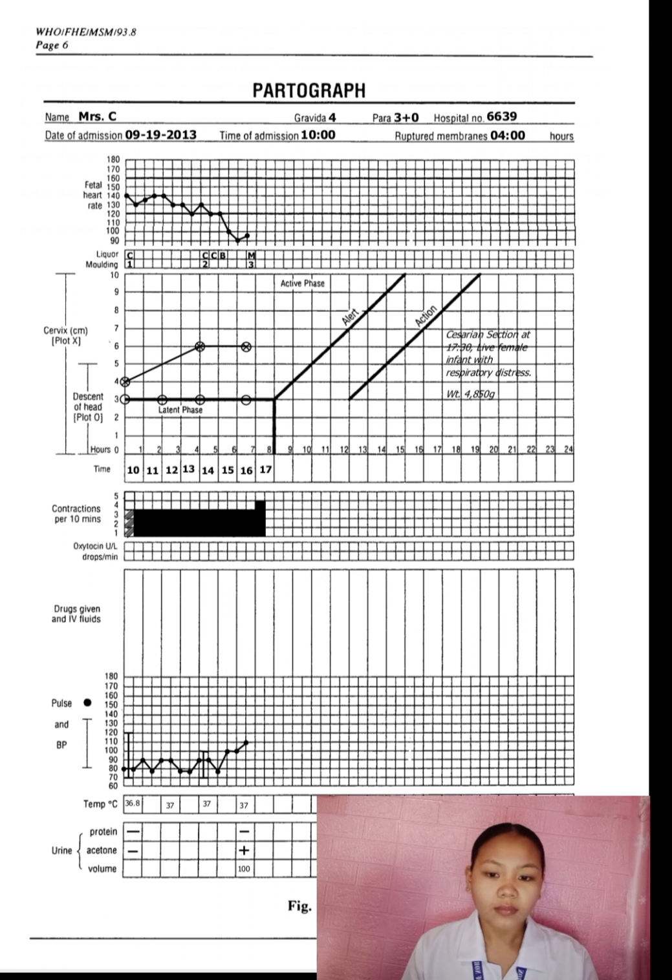The next thing we need to monitor is the cervix, the plot X, and the descent of head, the plot O.